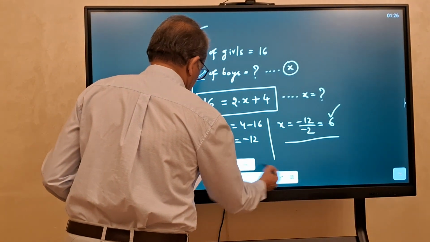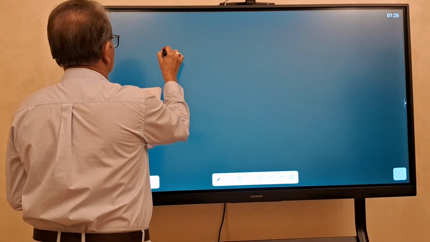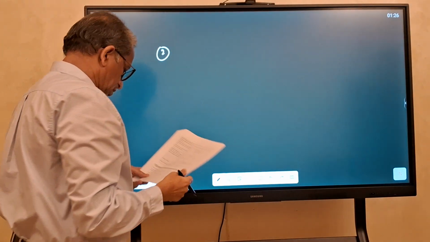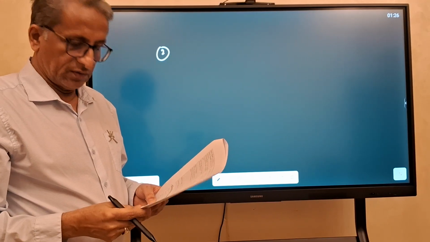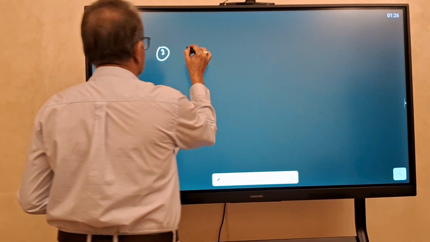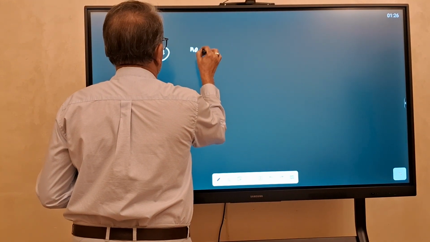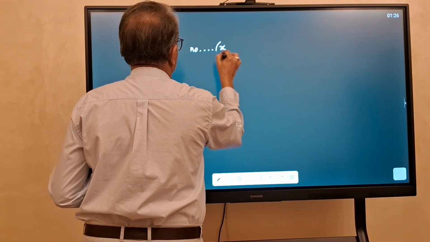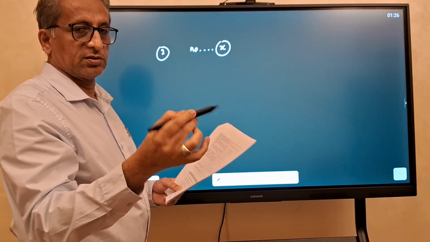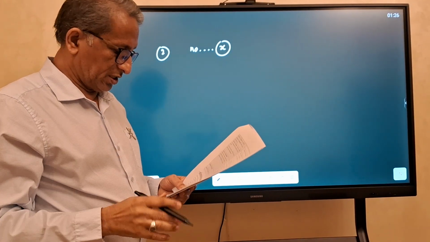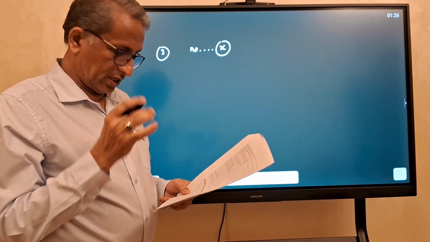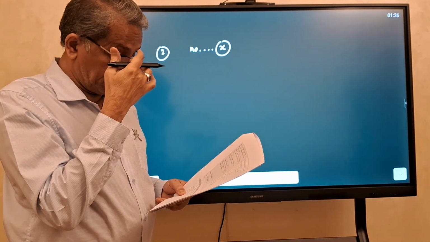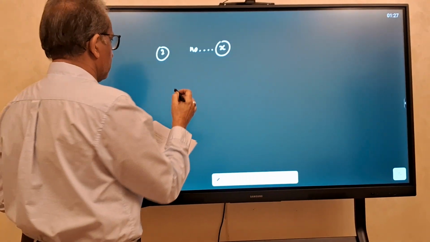Exactly in a similar way, question number 2. The difference of a number and 12 is 3. Find the number. Let the number be x. Find the number, start with that. So that number is x. Let us now write down the first sentence: the difference of a number and 12 is 3.